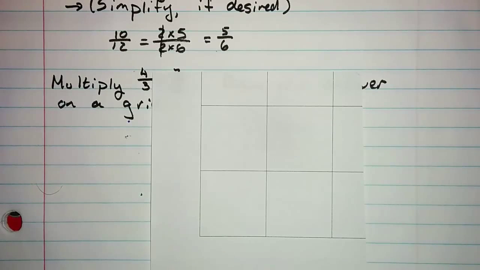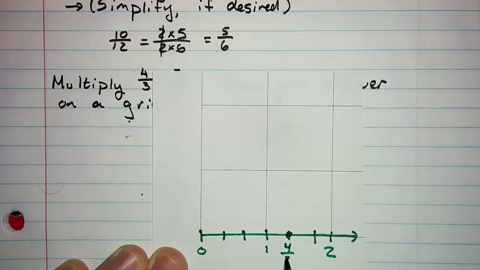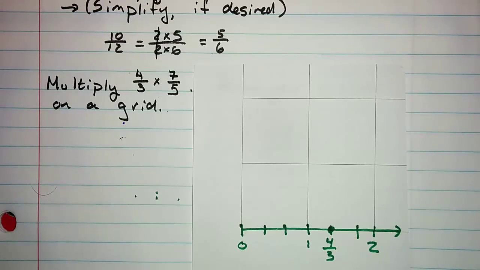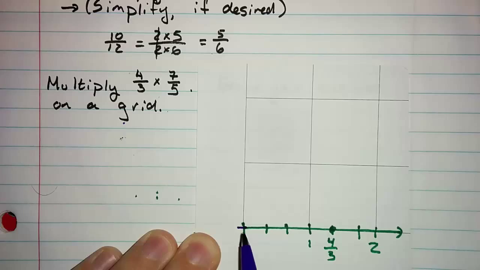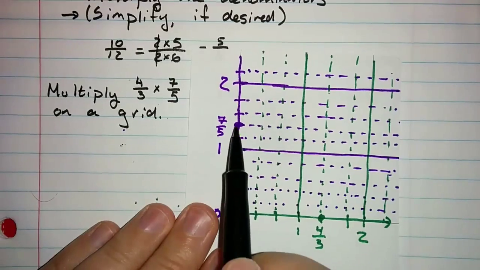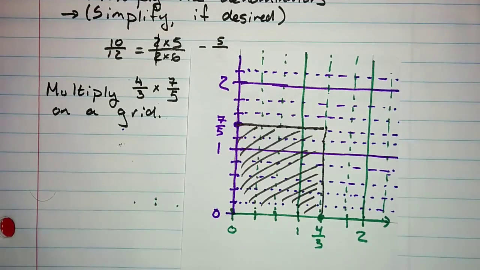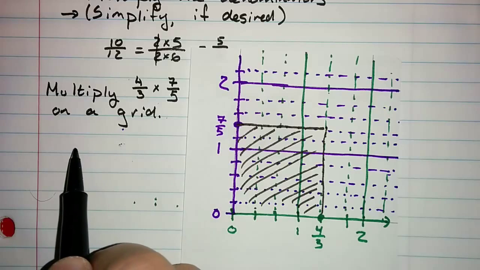Alright, so I'm going to draw 2 number lines. My horizontal number line, I'm going to mark the thirds, and so here is 4/3. My vertical number line, I'm going to mark the fifths, and so here is 7/5. So 4/3 times 7/5 then represents this area. Each unit square is divided into 1, 2, 3, 4, 5, 6, 7, 8, 9, 10, 11, 12, 13, 14, 15 boxes.